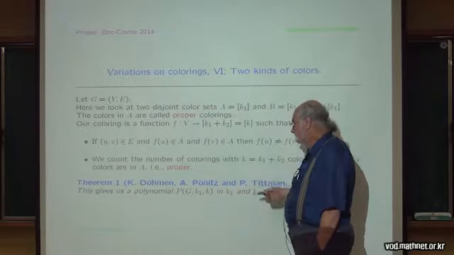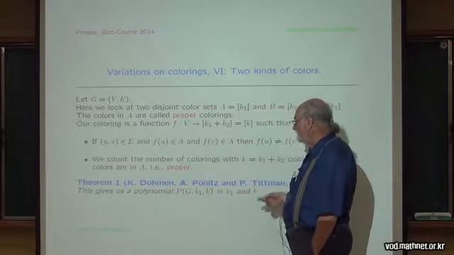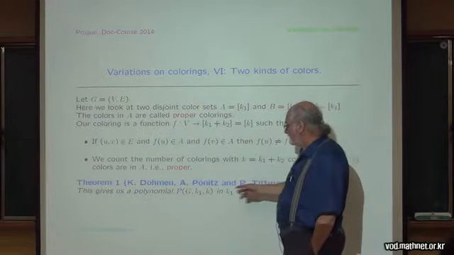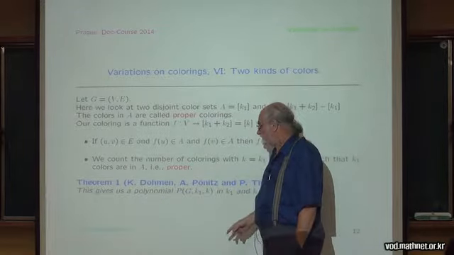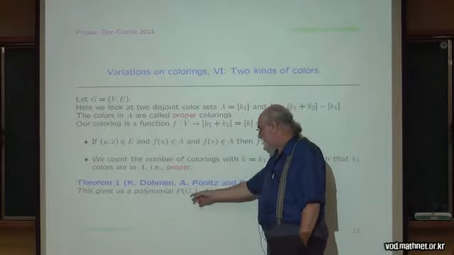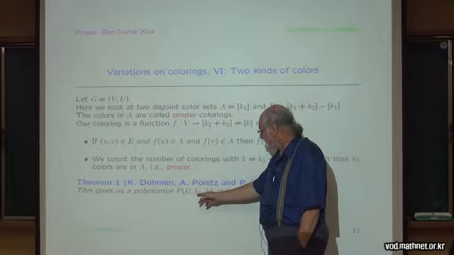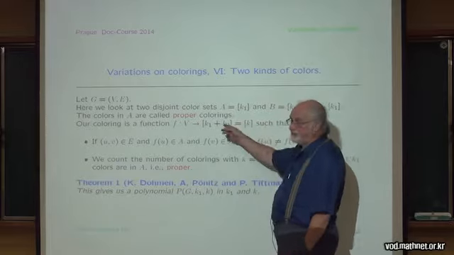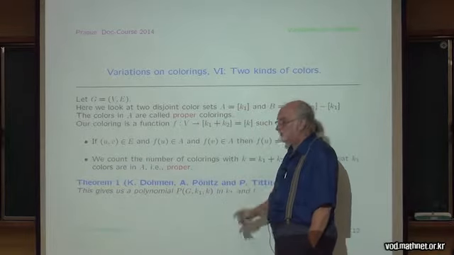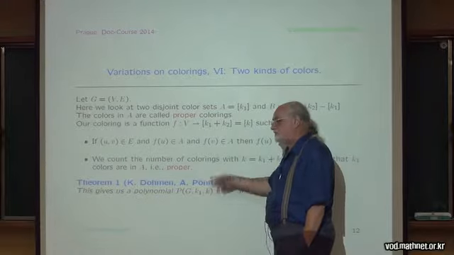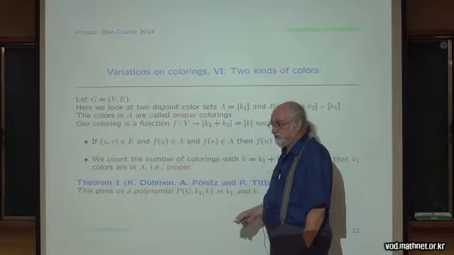Dohmen, Pönitz, and Tittmann proved that if you count the number of colorings of G with this type of coloring, and now they have a variable for K1 and for K, then this is a polynomial in K1 and K. And actually they use this to show it connected to some other things.